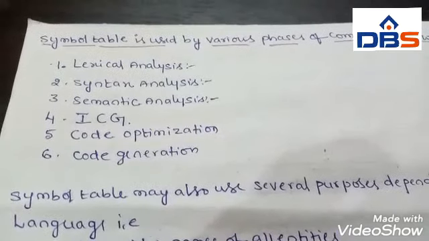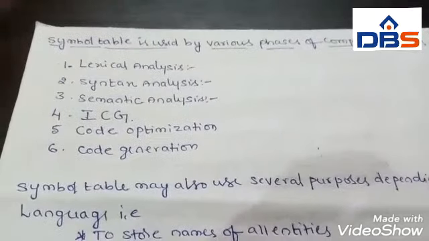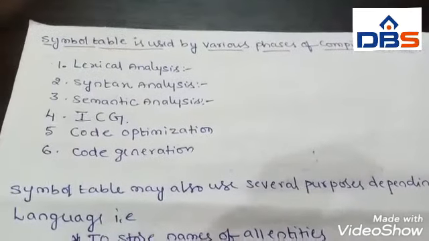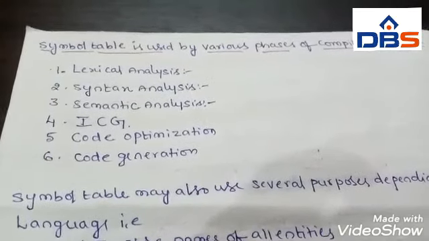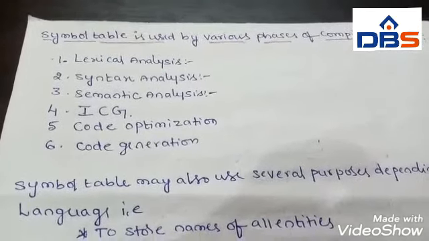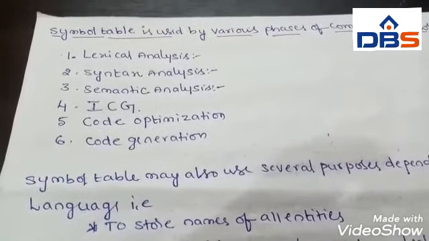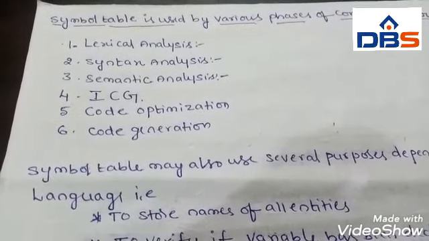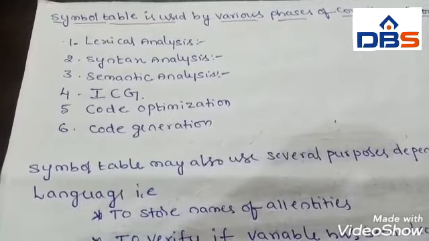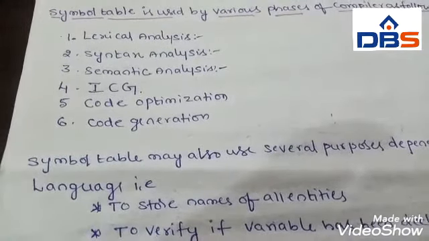How the symbol table is used by each phase, we will discuss now. The first one is lexical analysis. It creates new table entries in the table, for example entries about tokens. Next is syntax analysis. It adds information regarding attribute type, scope, dimension, line of references, etc.